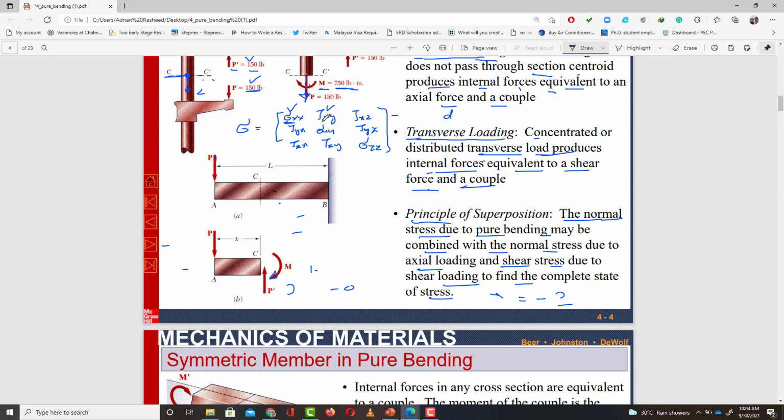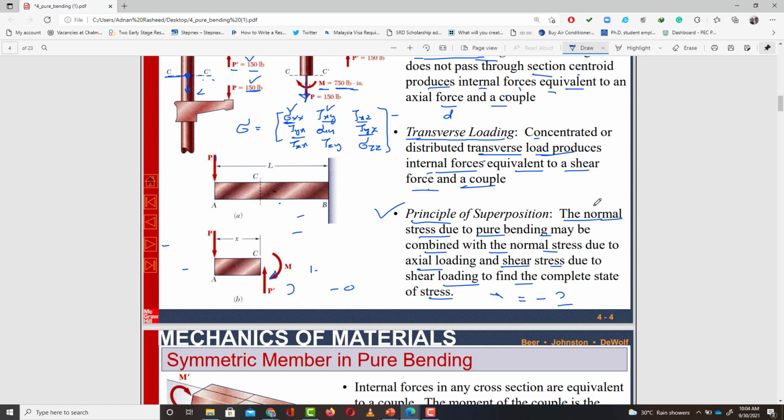Whenever you have shear stresses, you can add them, but you cannot combine them with the normal stresses. That is known as the principle of superposition. We will see in the examples how this principle of superposition applies.